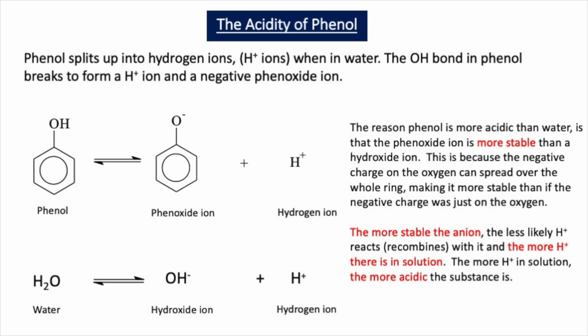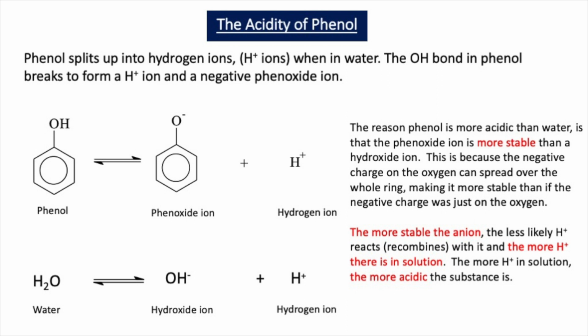Now the more stable the anion here, the less likely H plus ions are to attack it and recombine with it, and therefore the more H plus ions are in solution.